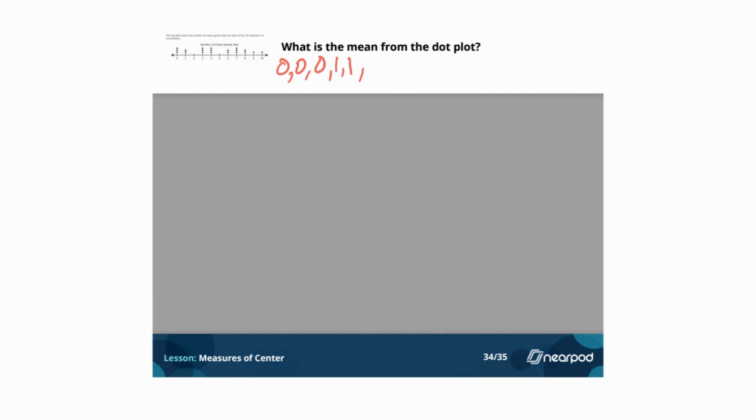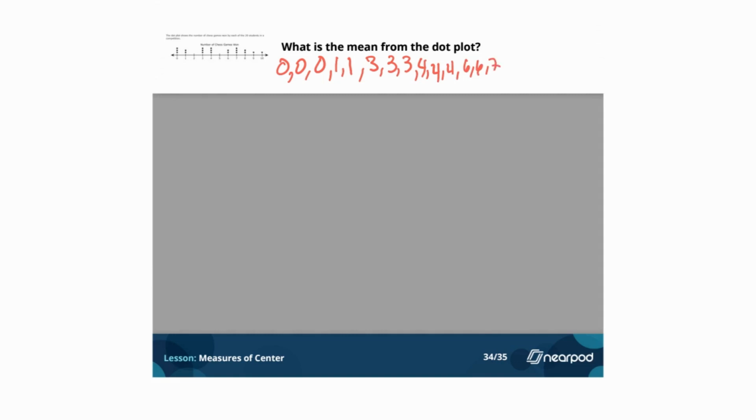Did any students win 2? There's no dots, so no. How many students won 3 games? 3. So you're going to write down 3 number 3s. So remember the dots on top tell you how many times you write that number. How many dots are on top of the number 4? 3 dots. So I write it down 4 times. No dots on 5. How many dots on 6? We have 2. How many dots on 7? 3.